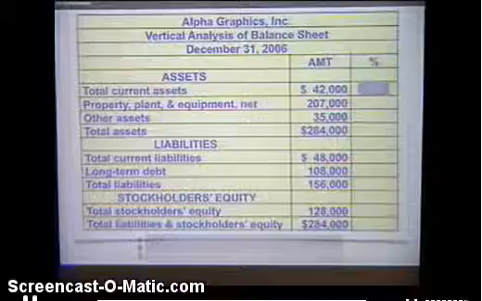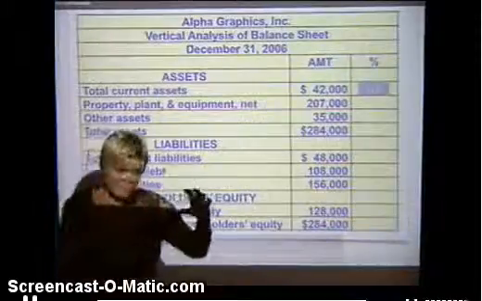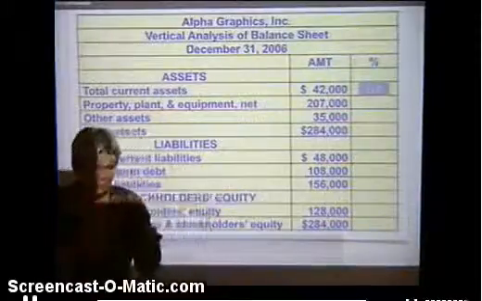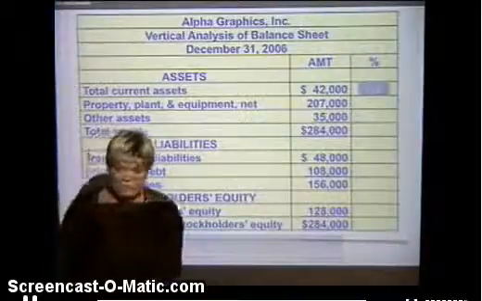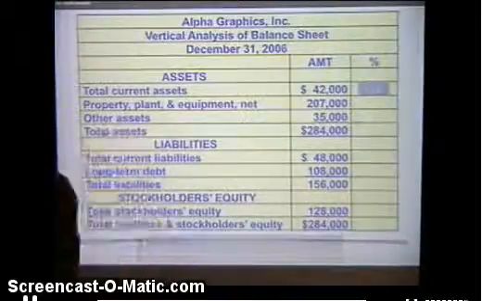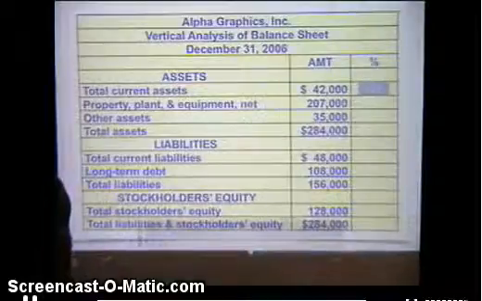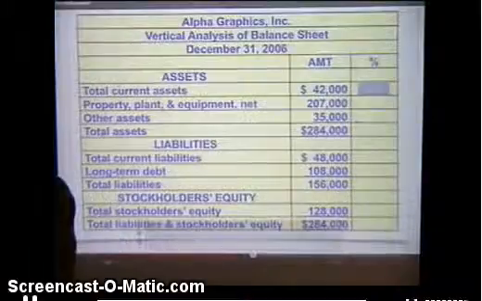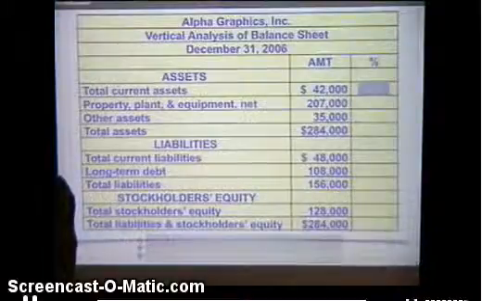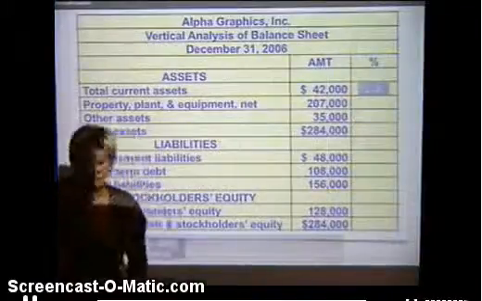Remember on our balance sheet we show the property less accumulated depreciation, so if it says net, they've already subtracted it out. The total accumulated depreciation was already taken out of that.